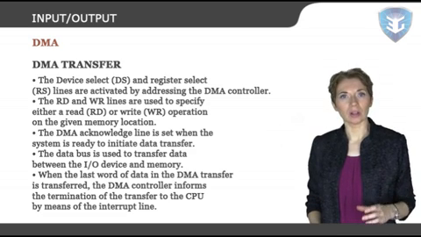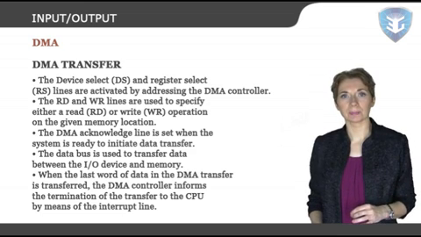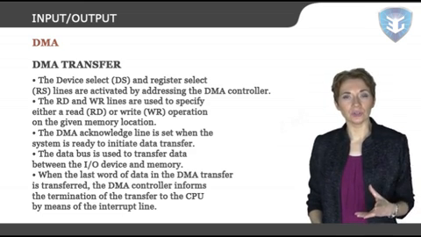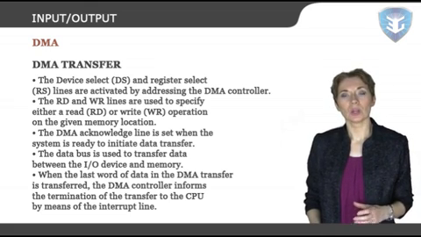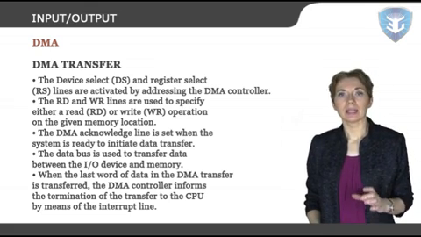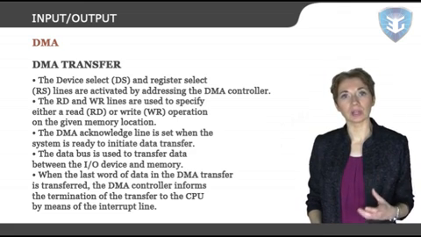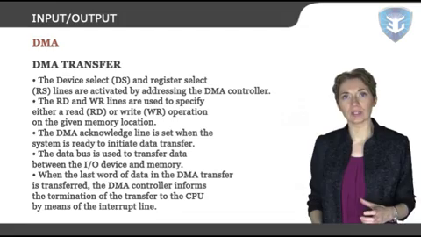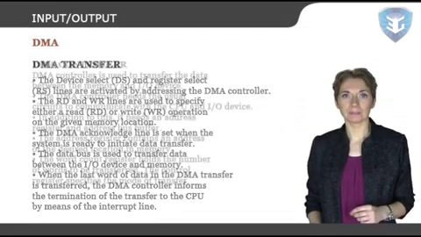The DMA acknowledge line is set when the system is ready to initiate data transfer. The data bus is used to transfer data between the I/O device and memory. When the last word of data in the DMA transfer is transferred, the DMA controller informs the CPU of the termination of the transfer by means of the interrupt line.